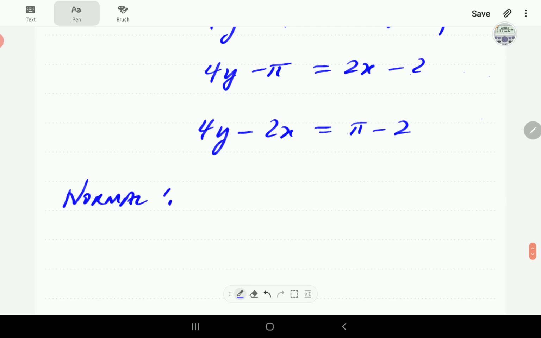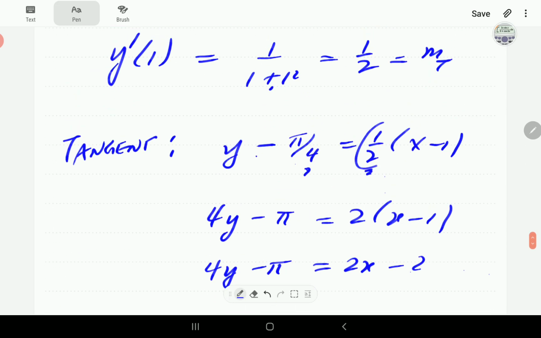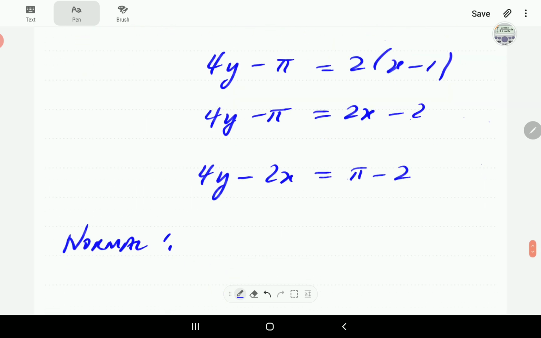For the normal, we go back here and simply take the negative reciprocal, so it's y minus pi over 4 equals negative 2 times x minus 1.